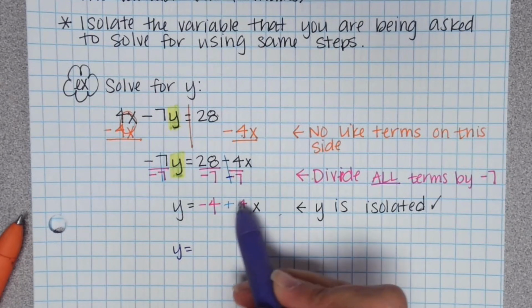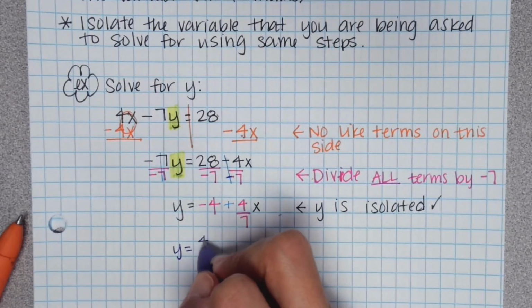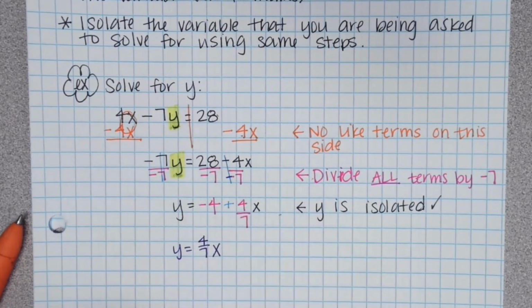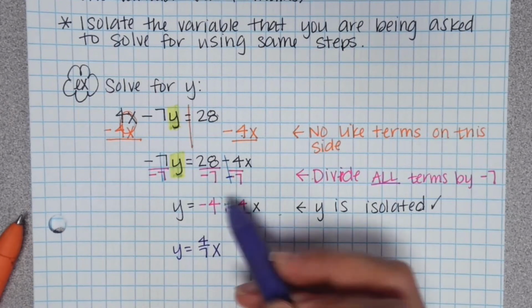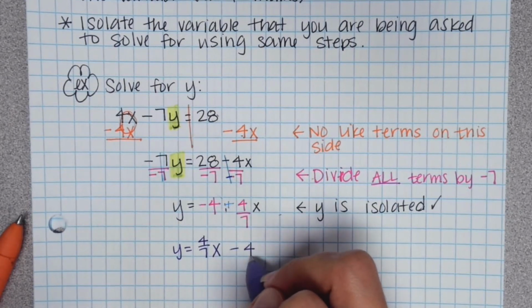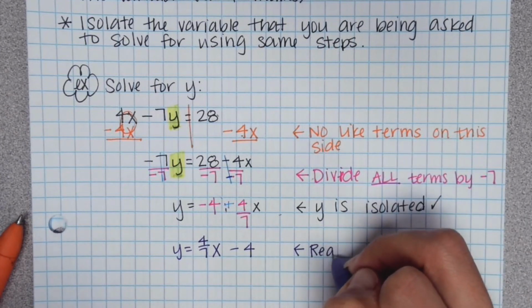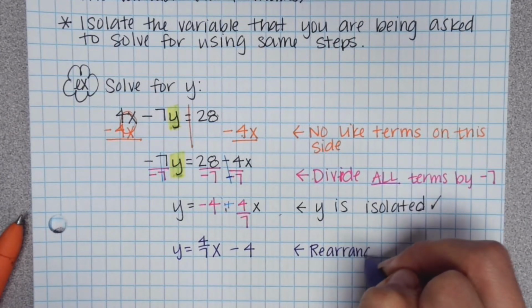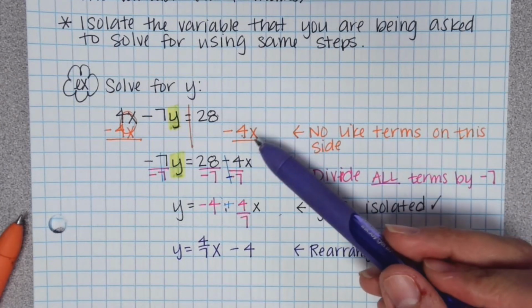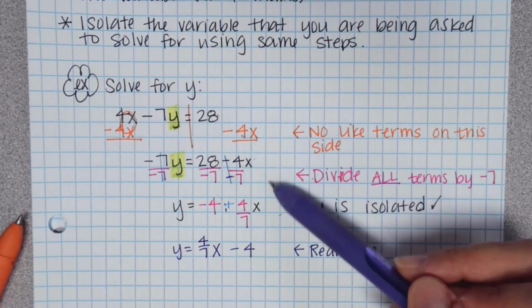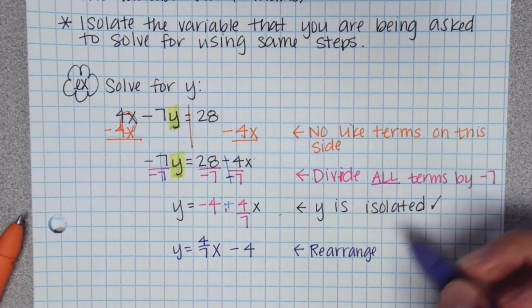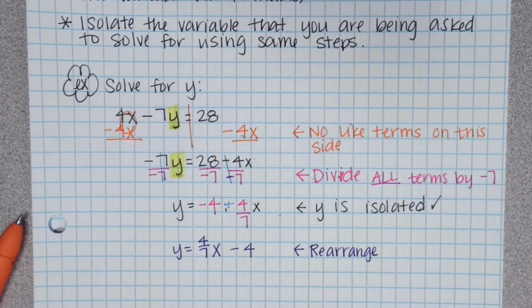I put my x term in the front, and I put my constant in the back. And if you can do that from the very beginning, awesome. If you like to see it broken down step by step, perfectly fine too. It's however your brain works, remember?